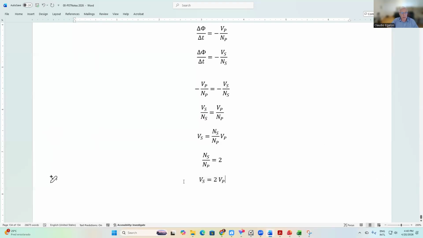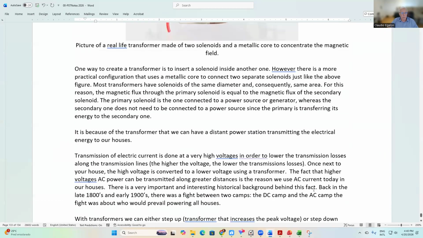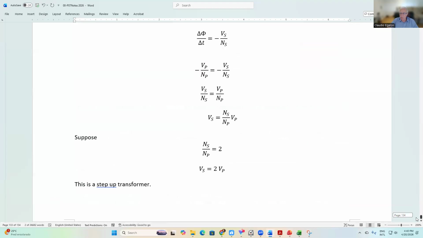Now, suppose NS over NP is equal to 2. That would be a step-up transformer, a transformer that increases the peak voltage.